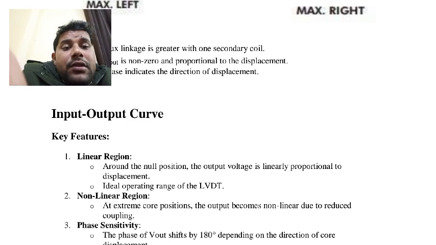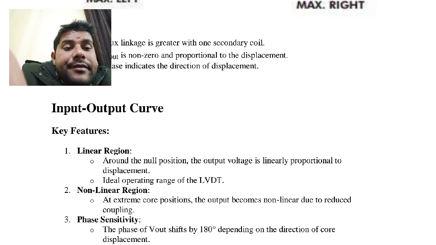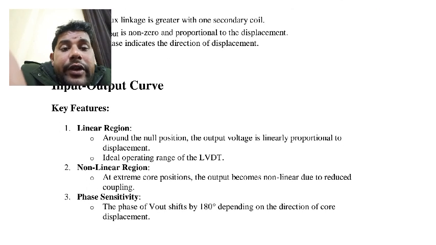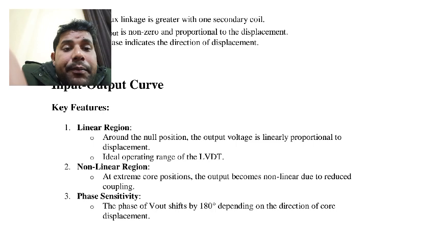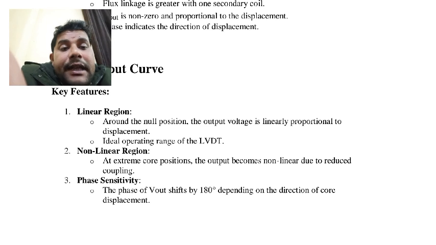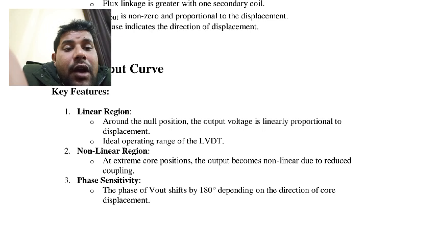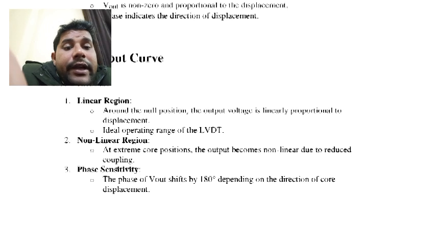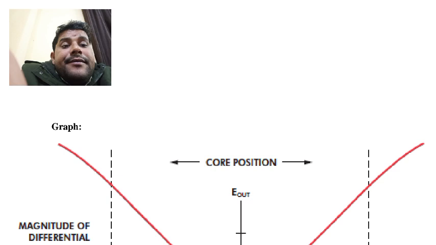Linear region: around the null position, the output voltage is nearly proportional to the displacement. This is the ideal operating range of the LVDT. Non-linear region: at extreme core positions, the output becomes non-linear due to reduced coupling. Phase sensitivity: the phase of the output shifts by 180 degrees depending on the direction of core displacement.